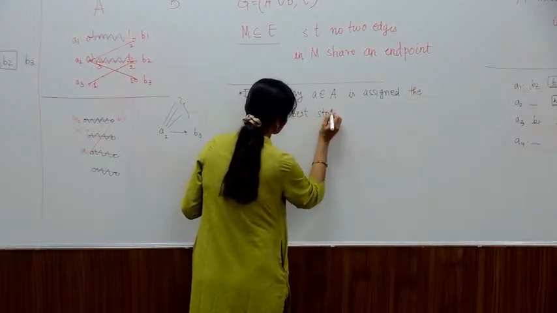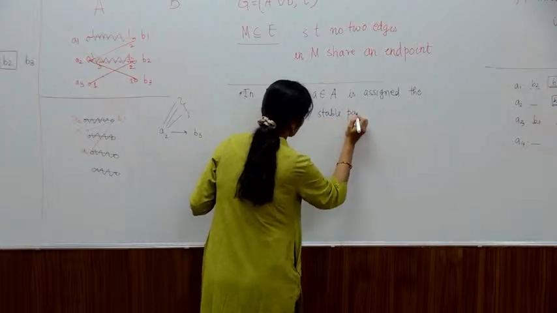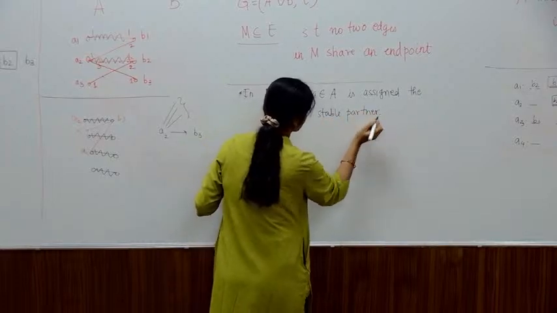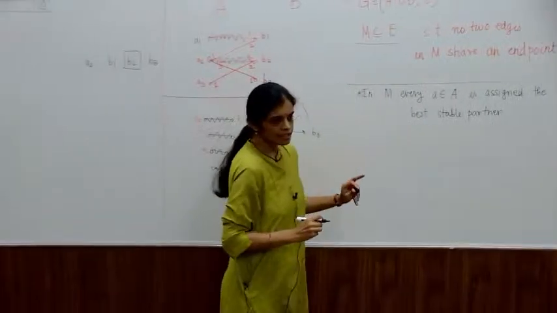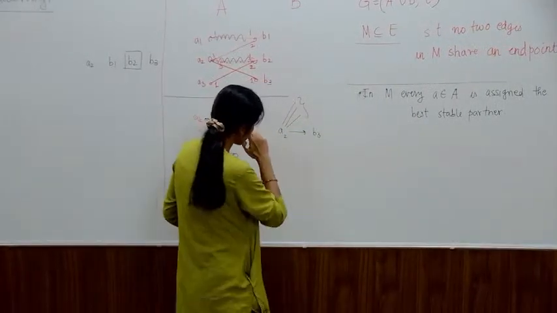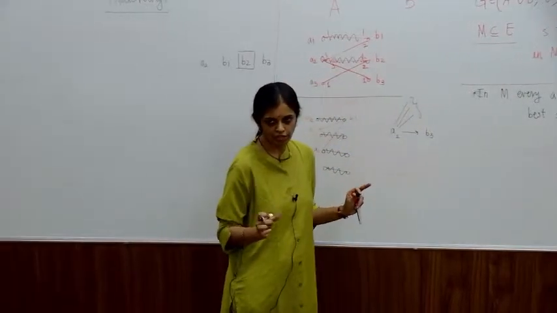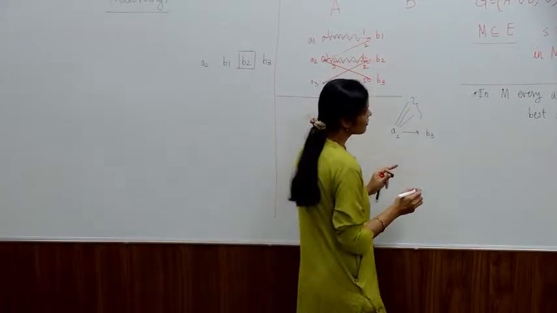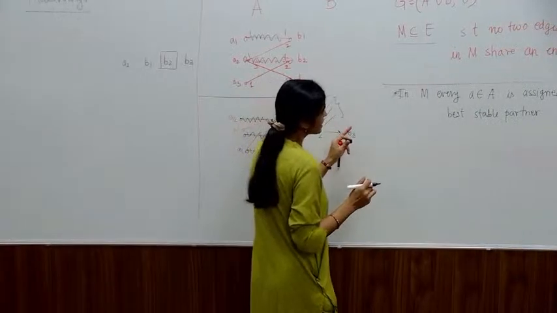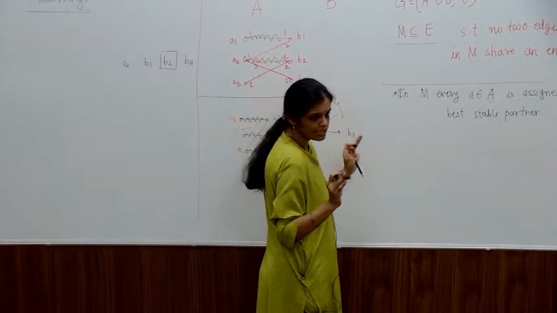That is actually the same thing. So this is what we want to show. Let us say this does not happen during the course of our algorithm. What does it mean? That there is an A which is not assigned the best stable partner.